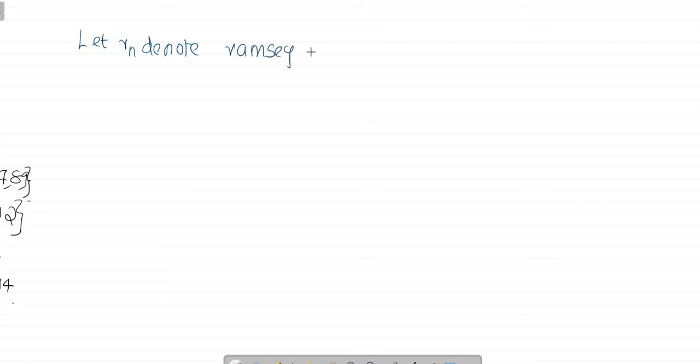Denote the Ramsey number R(K1, K2, ..., Kn) with Ki equal to 3 for all i.